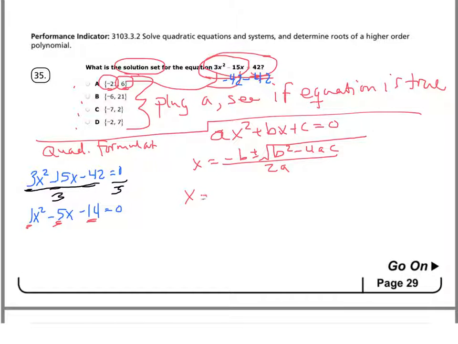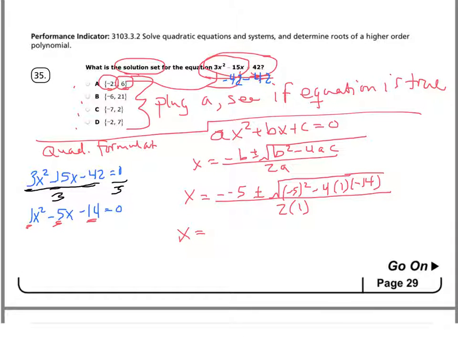So now I've got x equals -5 plus or minus the square root of b squared, so -5 squared minus 4 times a, which is 1, times c, which is -14, all divided by 2 times a.